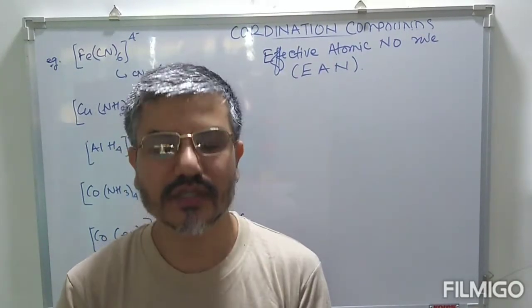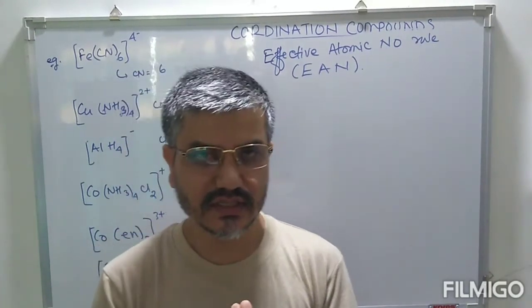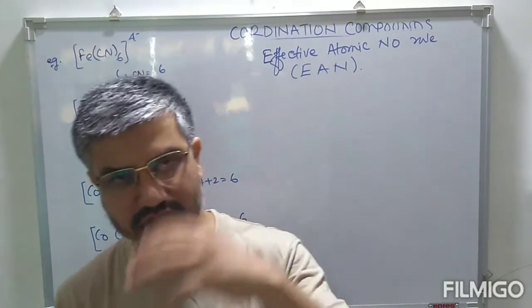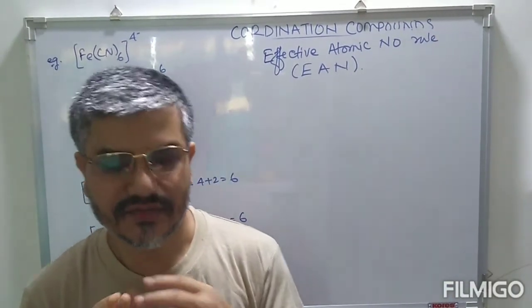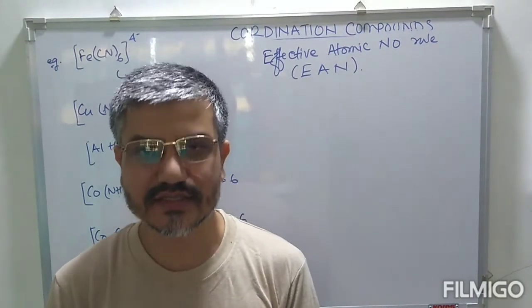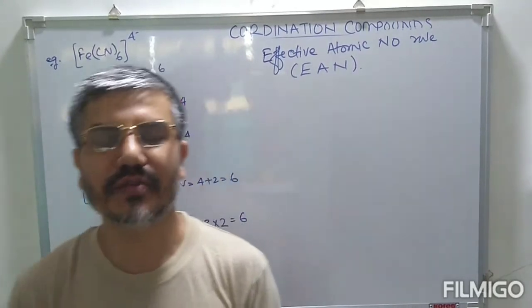So the total number of electrons present in the central metal, including the electrons coming from ligand, if this gives you the noble gas electronic configuration, then that leads to the stabilization of the complex.